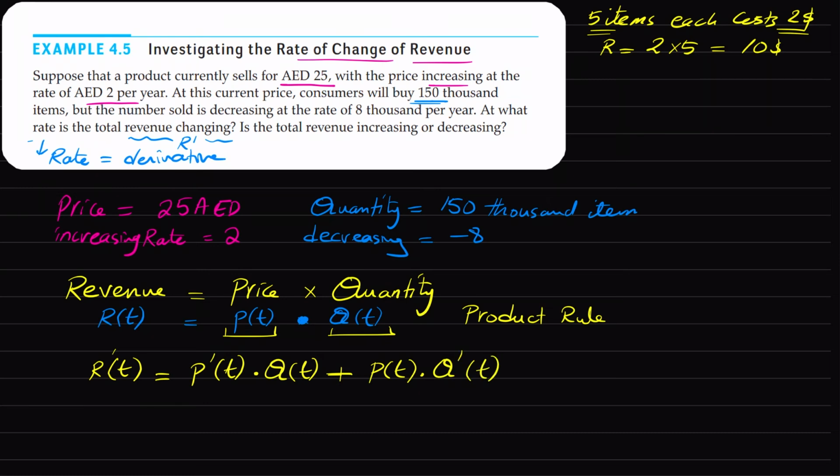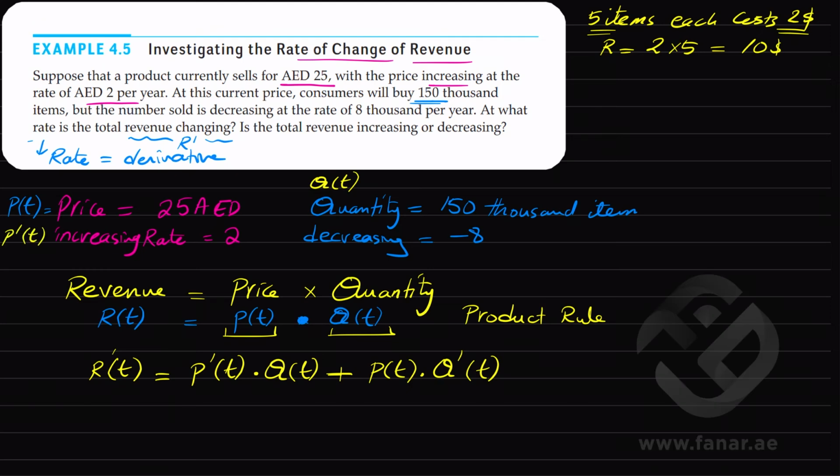Now, how can we find P of t, Q of t? So the price will be P of t, the quantity will be Q of t. The increasing rate is a derivative, so it's P prime, and the decreasing rate is Q prime of t. So we'll substitute: P prime is 2, the quantity is 150, plus P of t is 25 multiplied by negative 8.